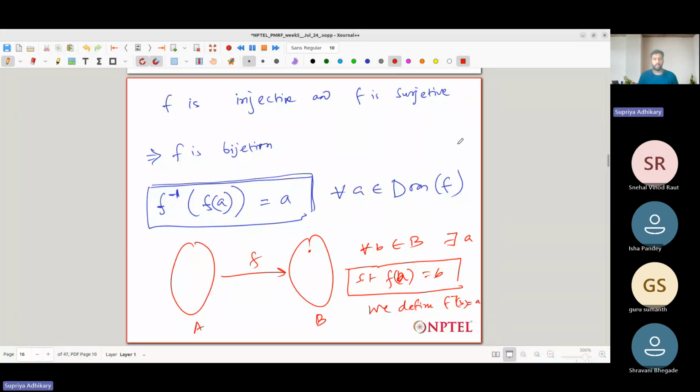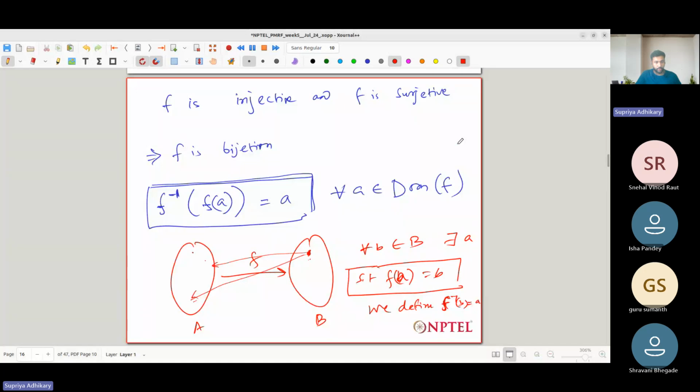Now the question is whether this F inverse function is well defined or not. That means, is it possible that for one single element over here, F inverse is mapping to two different elements in the domain set of F? That is not possible. Why? Because F itself was an injective function.